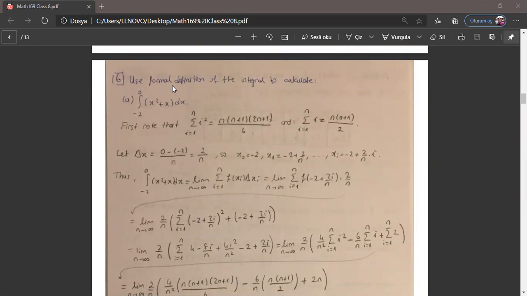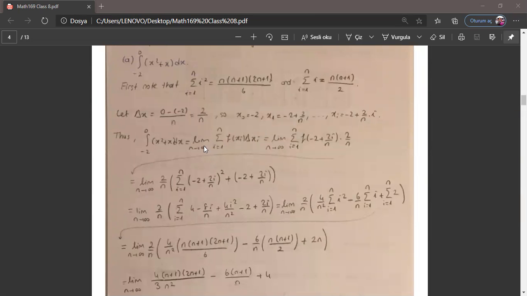Now we will use the formal definition of the integral to compute this. So remind the definition of the integral. At the end we will see some sums like this, that's why I noted them first. So delta x will be, we have this interval -2 till 0, so we have 0 minus -2 over n, we get 2 over n.